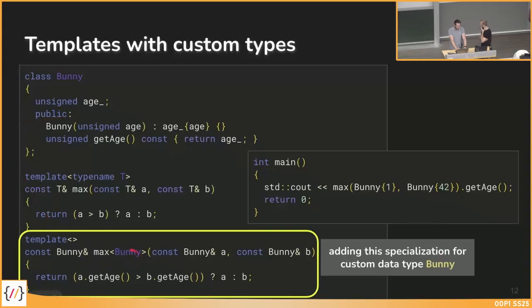So we somehow have to specify that this max template is for bunnies, and then we can say, yeah, we take those two bunnies and we do not use this greater operator for both objects, but we use this greater comparison for the ages of the two objects by calling get age first, then we have two integers, and then we return the bunny which has the higher age. This would also be possible, how to make a template specialization for custom data types.